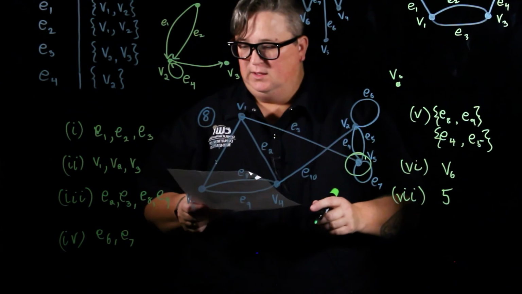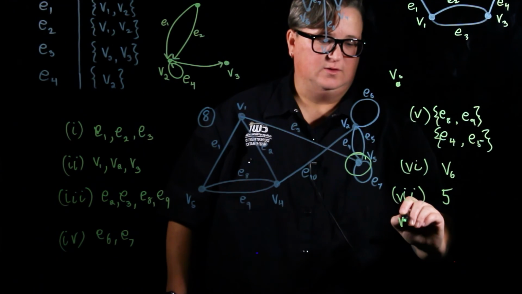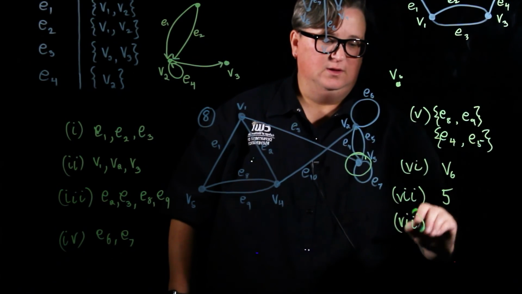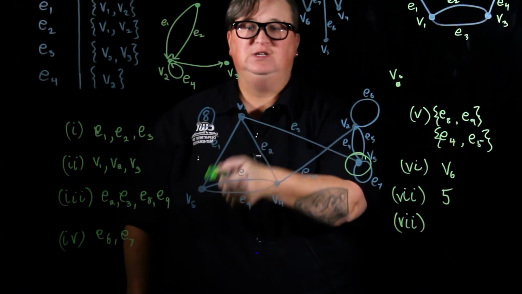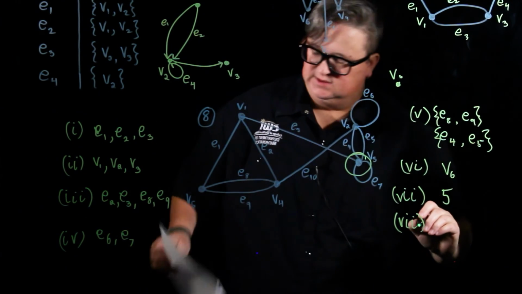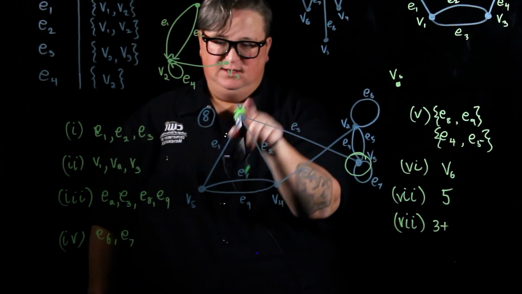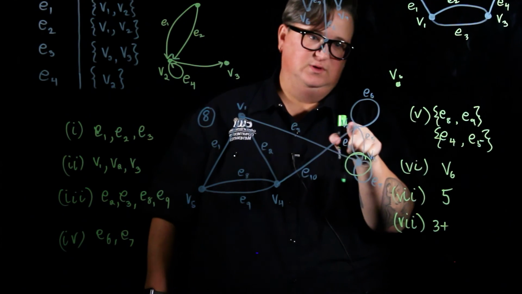And find the total degree of the graph is our last question. And that's just adding up the degrees of each of these vertices. So if we start with vertex 1, it has a degree of 3. If you look at that, then we move on to vertex 2.